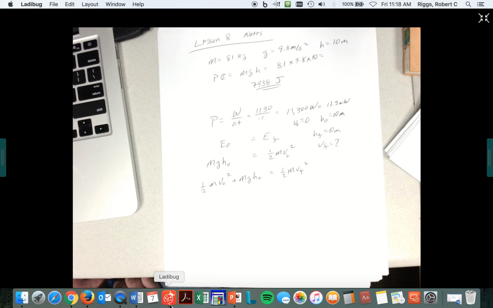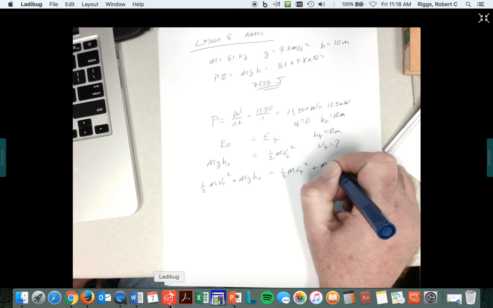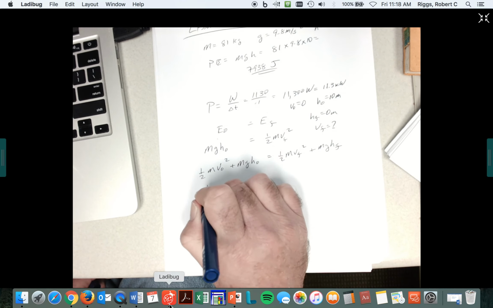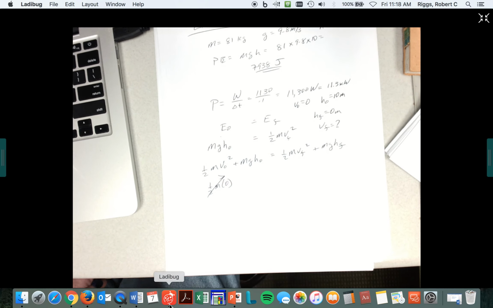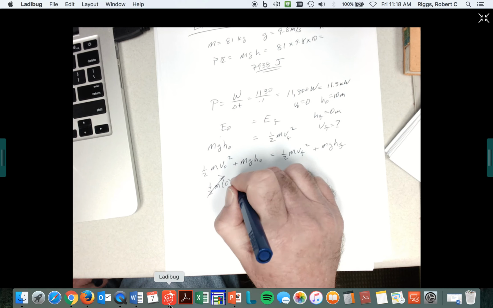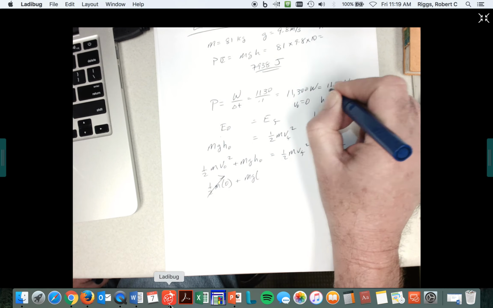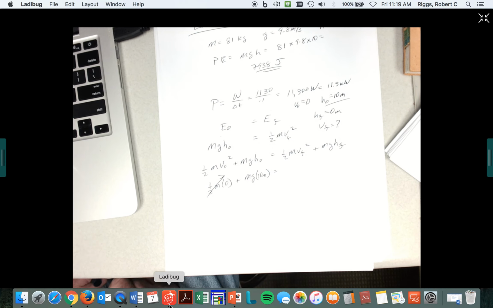Anyway, all right, so 1/2 m v initial squared plus m g h initial is equal to 1/2 m v final squared plus m g h final. Let's put in our zeros. 1/2 m times 0, bye Felicia, we don't need that one. Plus m g times the initial height, 10 meters, so we're going to keep that one.